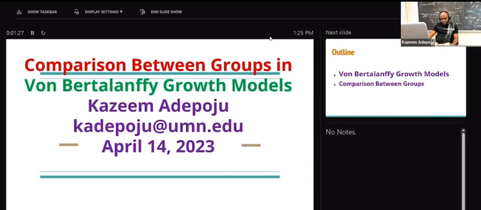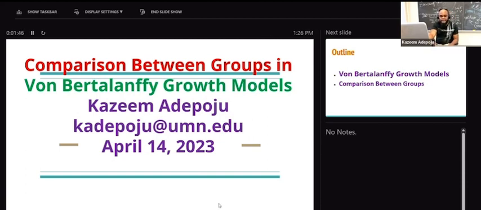And one of the nonlinear models we have around is Bertalanffy. And I remember on Wednesday, we focused on the Bertalanffy model, okay?